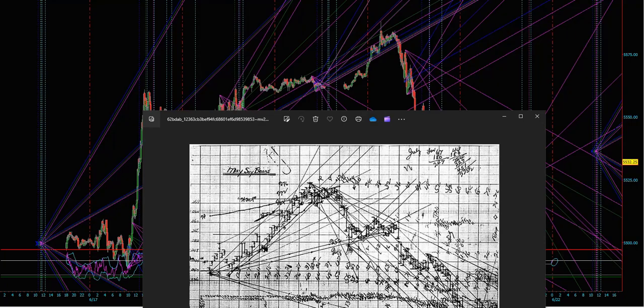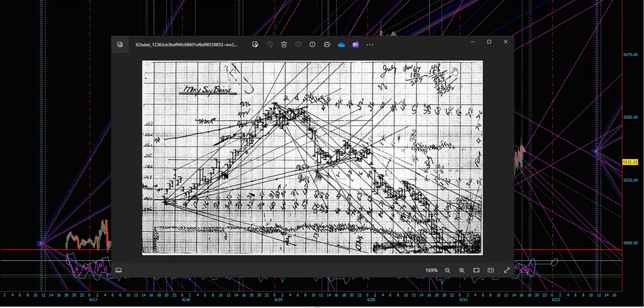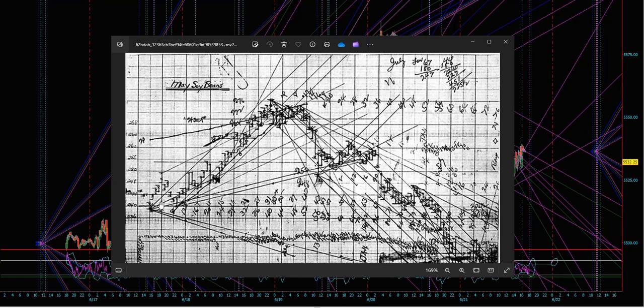What we are looking at right now is Gann's chart, which you must have seen a million times on the internet, with the lines floating in space. We are aware of all these numbers, what they mean on the top, and all the calculations done here.